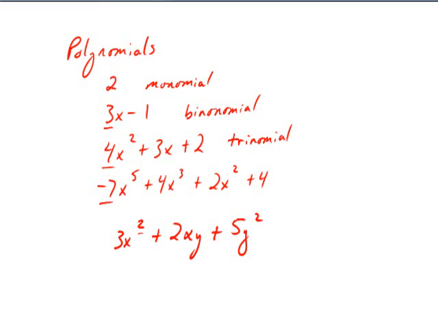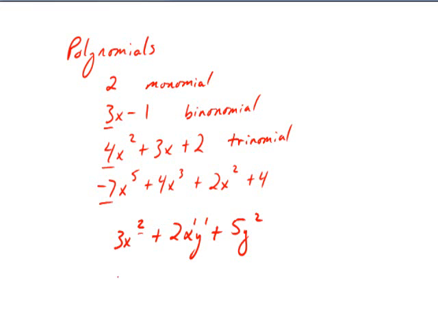The degree of 2xy, x is to the 1st and y is to the 1st, so the degree of 2xy is 2. And the degree of 5y squared is also 2 because of the exponent of 2. The degree of that entire polynomial is also 2 because that's the highest power of any one of the terms in the expression.